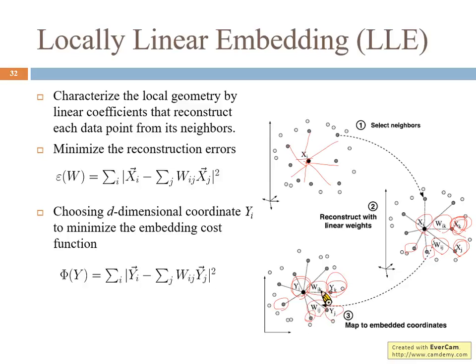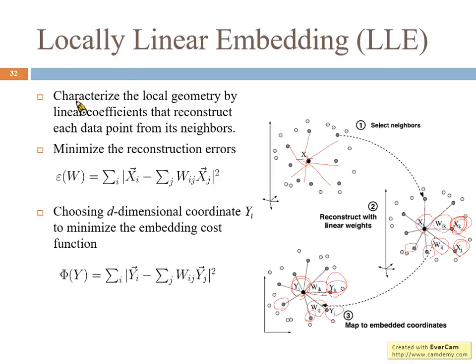So in a word, they assume that the data point in high dimensional space or low dimensional space can be linearly reconstructed by its neighboring data points with the same linear coefficients. So that's the main idea.